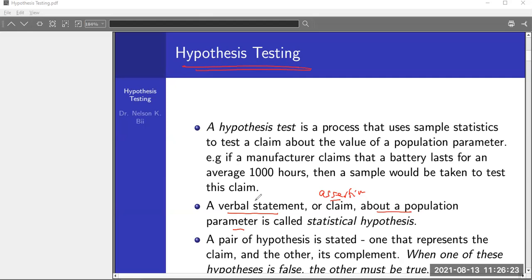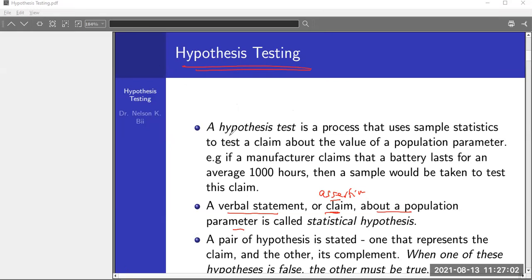If you want to know whether the statement given by the manufacturer or the seller is true or otherwise, then you are supposed to carry out what we call hypothesis testing. Otherwise, it is just a claim which has not been proven to be true or false. So the assertion that this electrical appliance will last for 5 years is a hypothesis, a hypothetical statement.